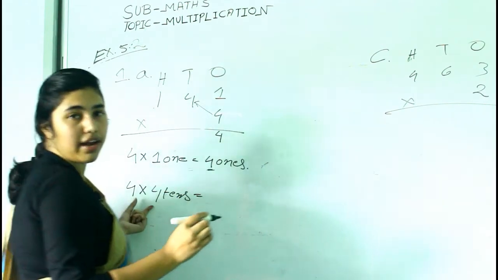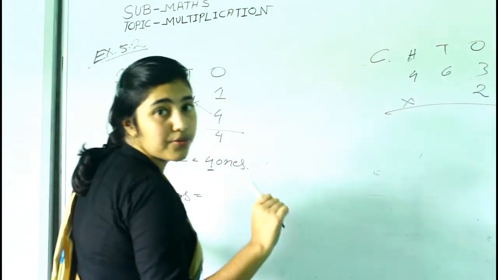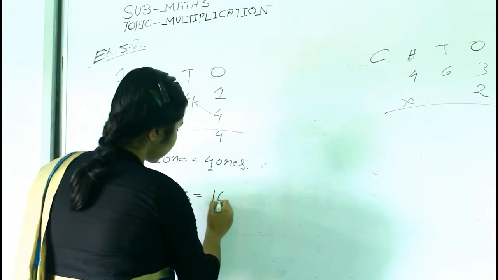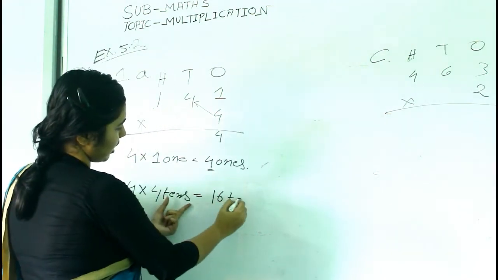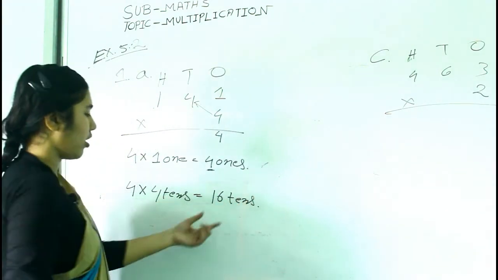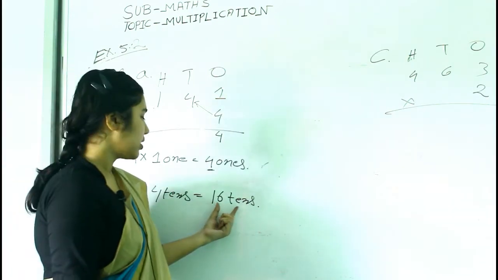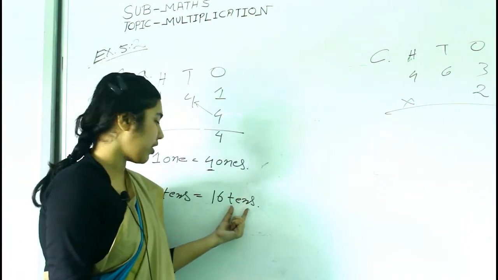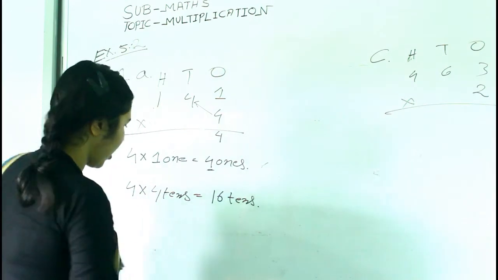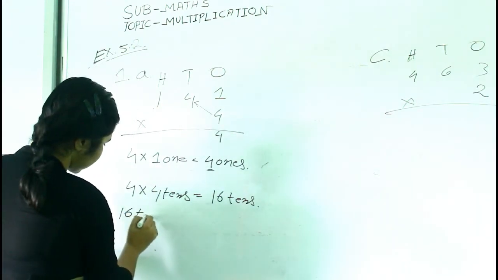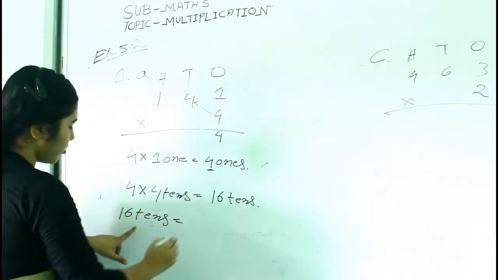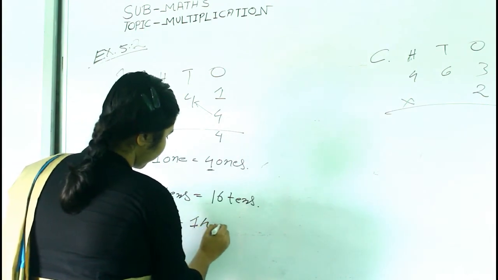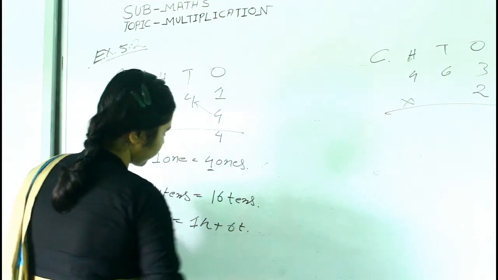Now we know that from the table of 4, 4 fours are 16. So 16 tens. Now look at this number, 16 tens. Here regrouping is needed, right? So write 16 tens as 100 plus 6 tens.